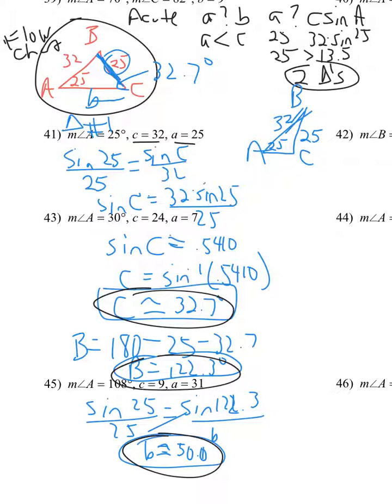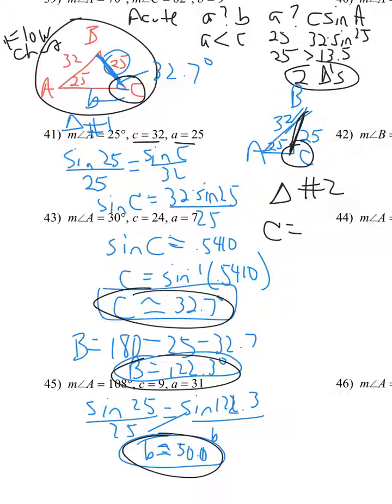In triangle number 2, all we've done is swung this side back, and what that's done is made B a very small angle and C an obtuse angle. The obtuse angle C in this triangle is always the supplement of what angle C was in the first triangle.